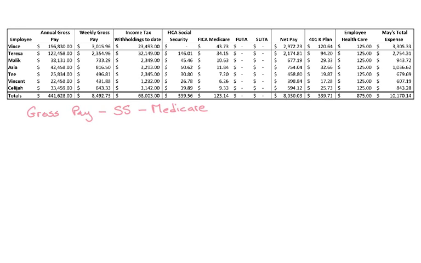The employer has decided to cover their 401k and also their health insurance. So for the employees, their net pay would just be their gross pay minus their Social Security tax and their Medicare tax. So this is a very nice company, very generous.